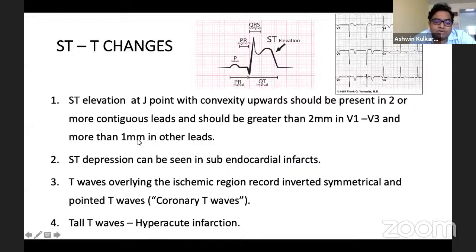In other leads, even if the ST segment elevation is more than 1 millimeter, we consider it significant. But you should remember it should be in at least 2 or more contiguous leads. ST depression can be seen in subendocardial infarcts, the small infarct where only the subendocardium is involved. And as I mentioned, the T waves will be coronary T waves and tall T waves, which show a hyperacute infarction.